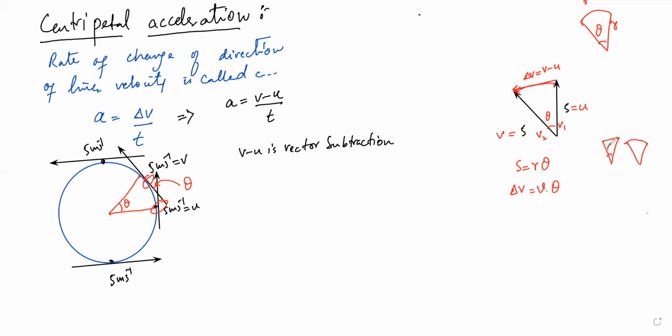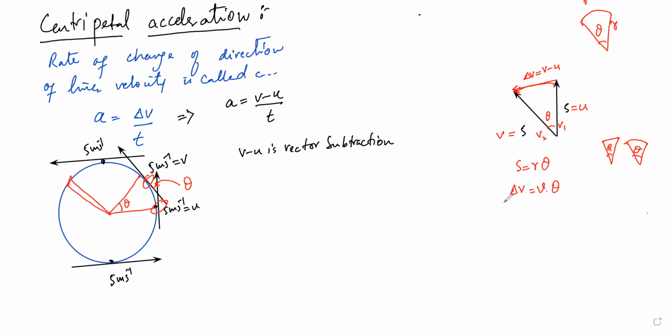If theta is small, both are the same, because a small part of an arc is always straight. Whenever there is a curve, if you consider a small part of it, it may be considered as straight. So there is no difference between a triangle and a sector.